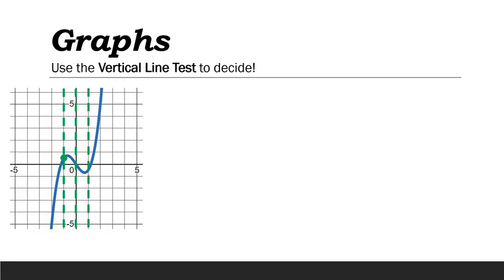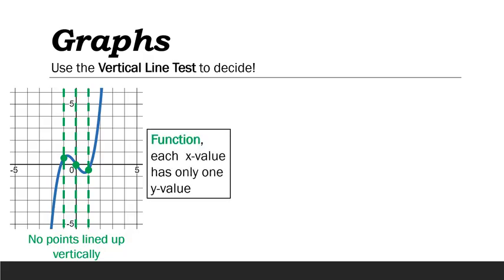So our first vertical line only touches once, second one only once, third one only once, and any vertical line that I drew in through this curve would only cross the curve at one point at a time. So since I don't have any points lined up vertically, it's only one point at a time. This would be a function, and my reasoning, each x value has only one y value.